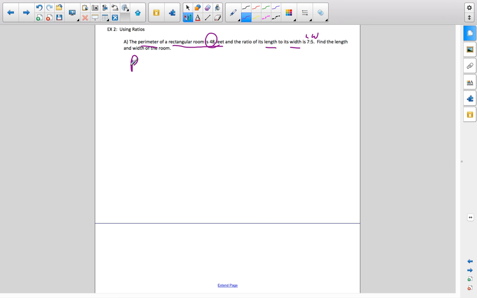So our perimeter is 48, and the length has a ratio of 7, so I'm going to say 7 times some number, I don't know what it is, I'll find out later, plus 2 of the widths, and the width has a ratio of 5, so I'm going to put 5 times that same number.